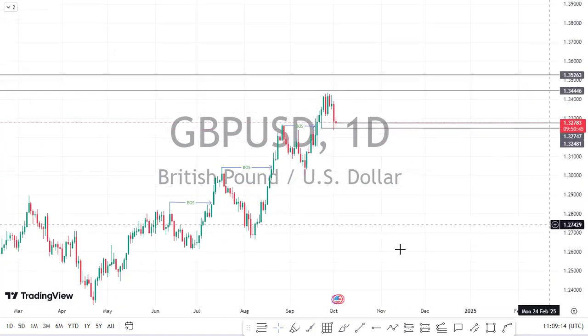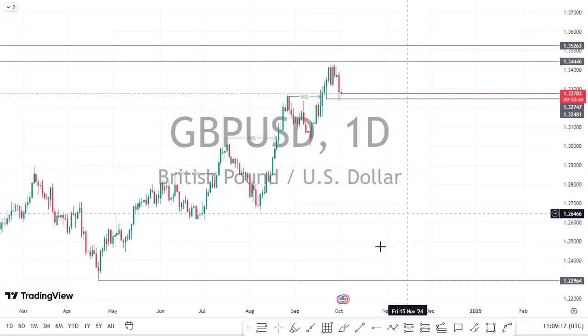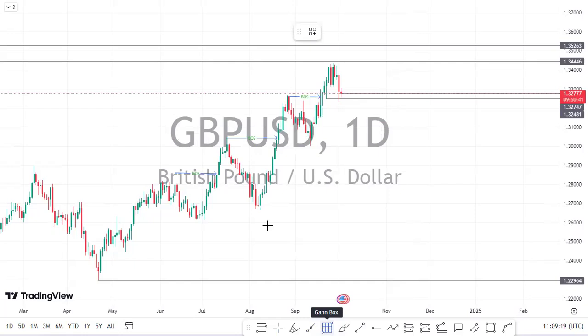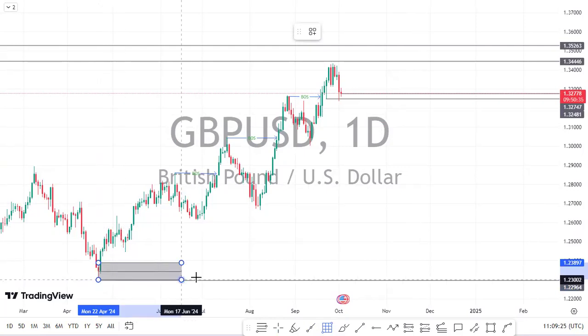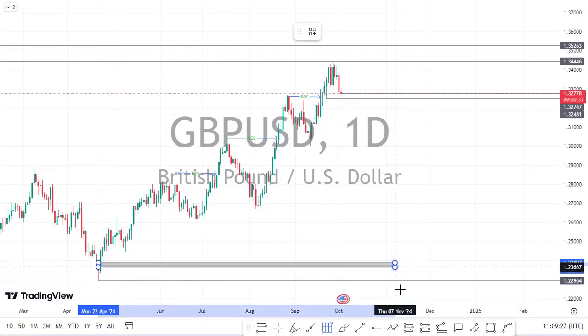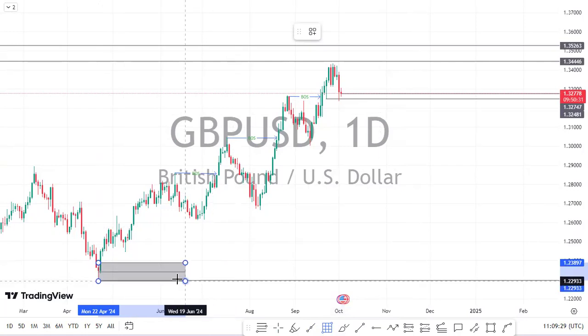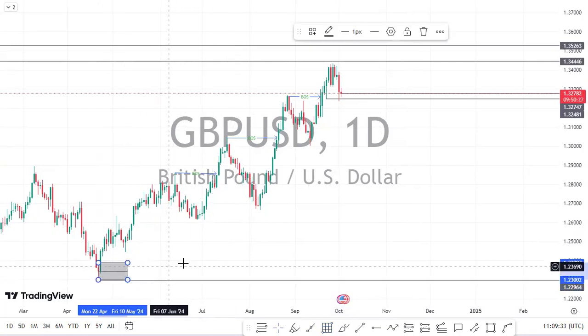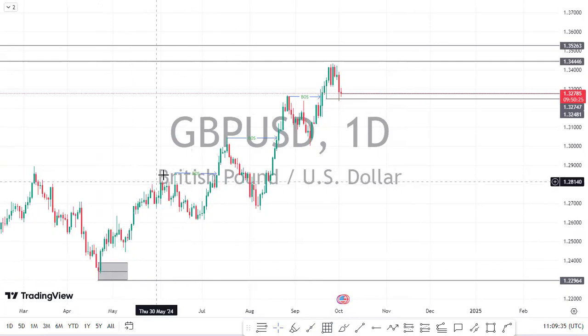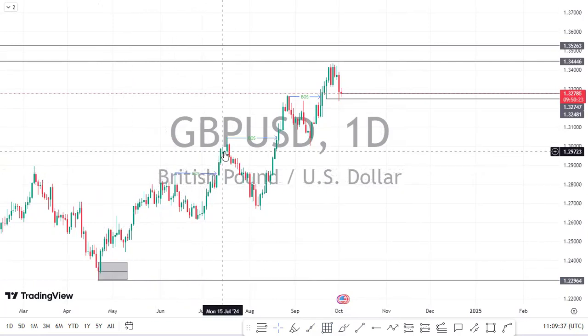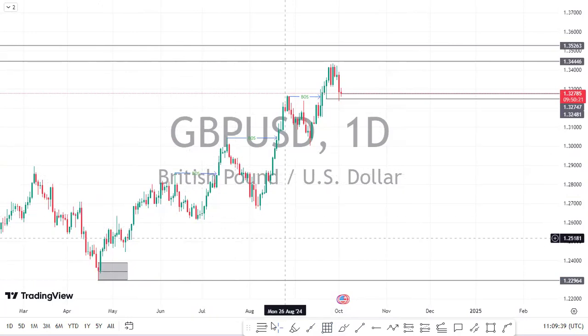Now, after breaking structure, I mark out the base. So we have this base which has not been mitigated, so let's leave it this way. Price failed to mitigate this order block before this break of structure.